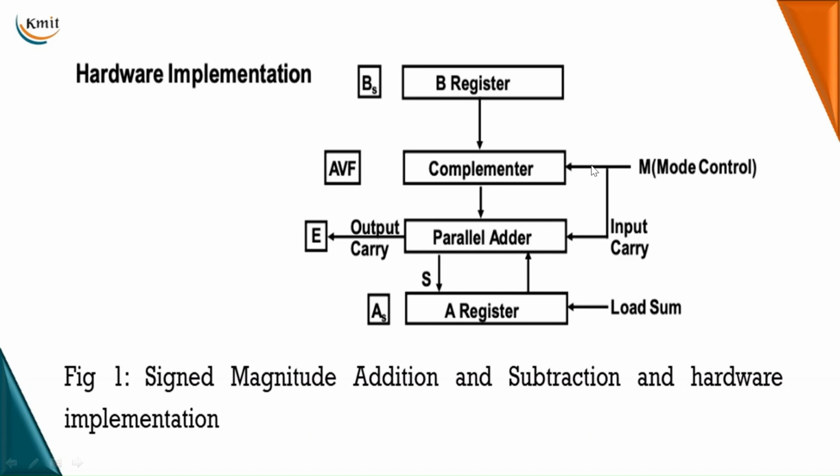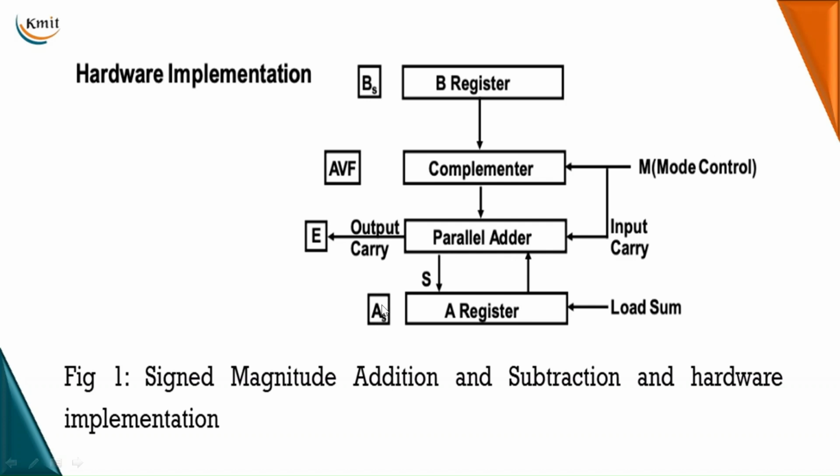This complementer takes an input, the mode control bit. The mode control bit can be set to either 0 or 1. The result of the addition operation is stored into one of the source registers, A, or it can be transferred to a third register. Similarly, the sign can be stored in the AS register.